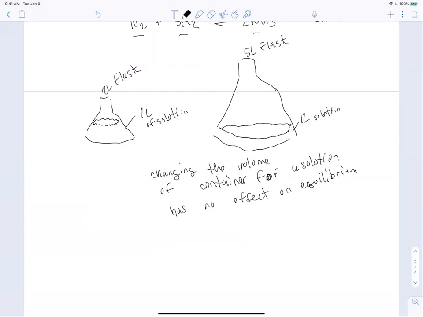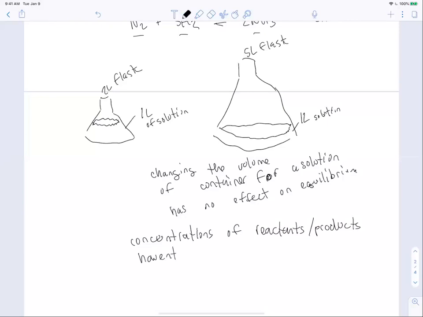And why is that? It's because the concentration. The effect of changing the volume, if you have a gas in there, is that it dilutes it.